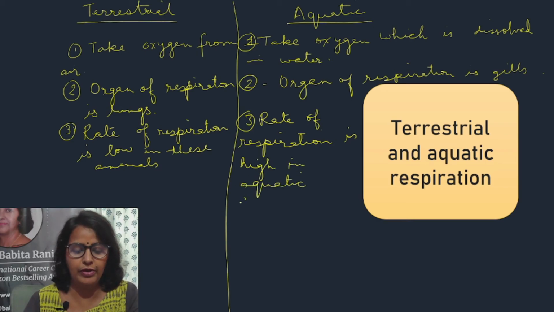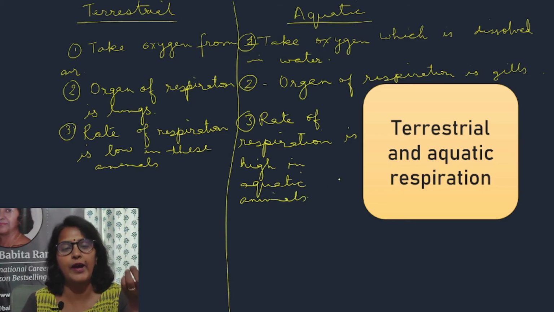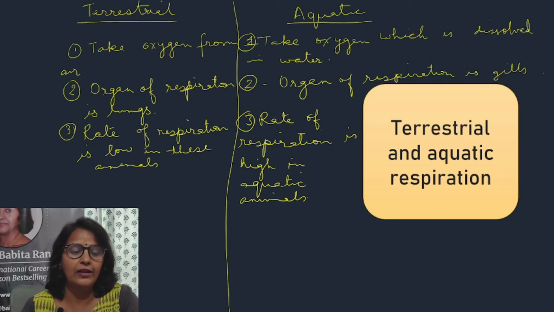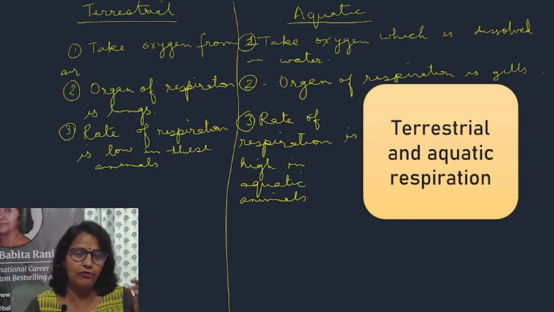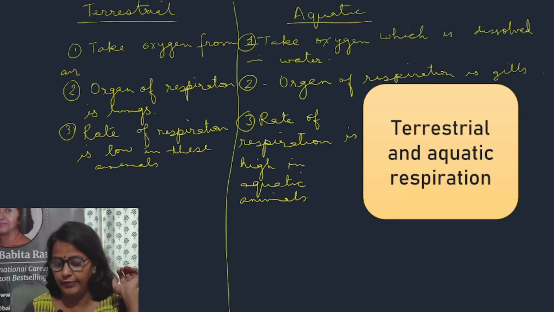A very common question that is asked here is, why do fishes respire more compared to a bird or an animal like cat or dog? Because large amount of oxygen is present in the atmosphere compared to the oxygen that is dissolved in water, which is very low. So oxygen dissolved in water is low, so rate of respiration is high in aquatic animal.